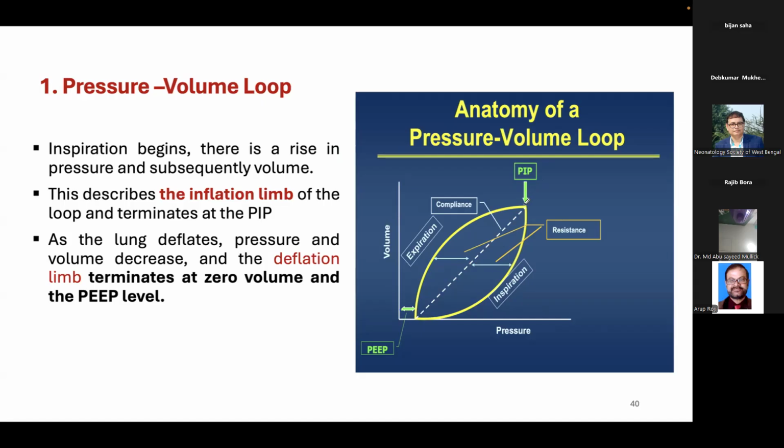And if we draw a line like this, then this area gives us an idea about the work of breathing. These are things that we need to know, because while interpreting these loops, we need to be aware of where the compliance line is, what the resistance means, and how work of breathing increases or decreases.